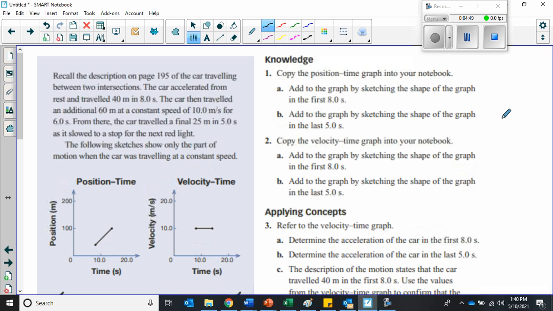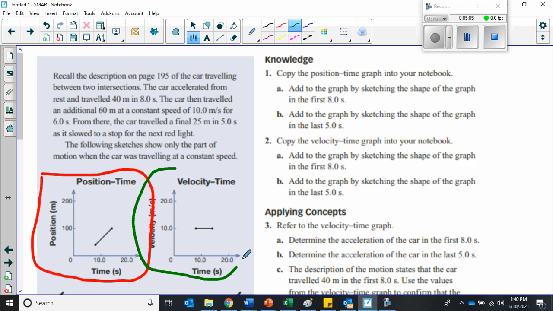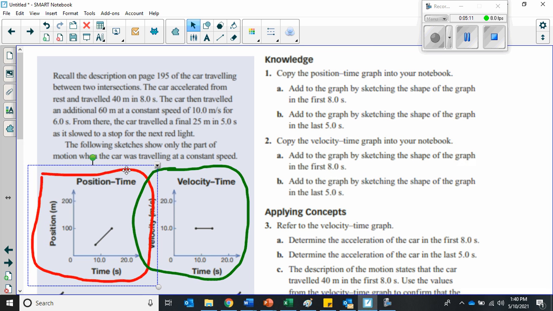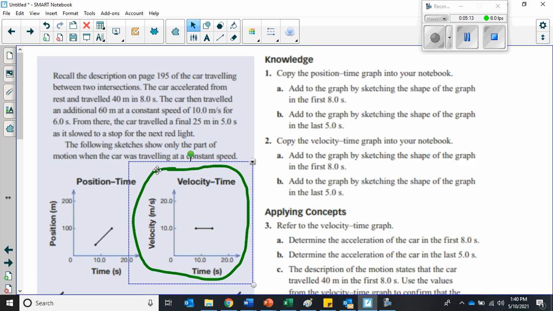I'm going to answer questions 1 and 2, or at least kind of briefly talk about how to get started with it. What you need to do is copy this graph, question number 1, into your notes. And then for question number 2, copy this graph into your notes. When you do that, you're going to try and fill in the blanks for the question at hand.